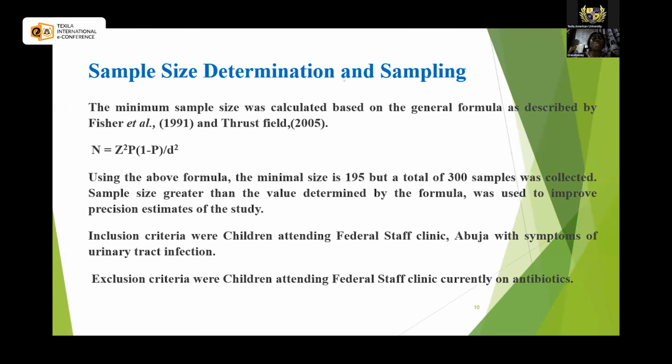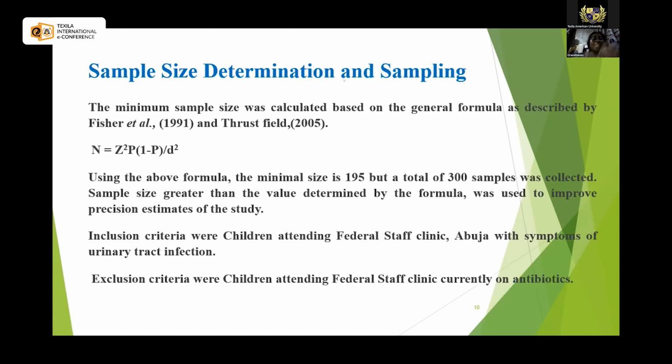The minimum sample size was calculated based on the general formula, Fisher et al., using SPSS, Statistical Package for the Social Sciences. That's a reference. Using the formula above, the minimum size is 195, but a total of 300 samples was collected for the study.